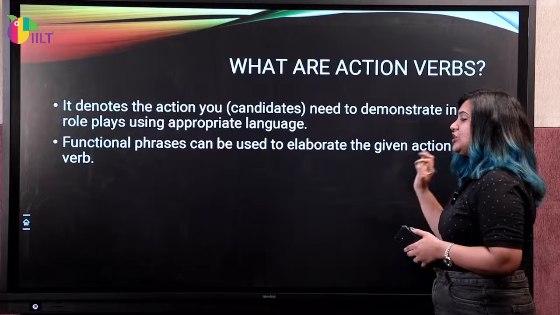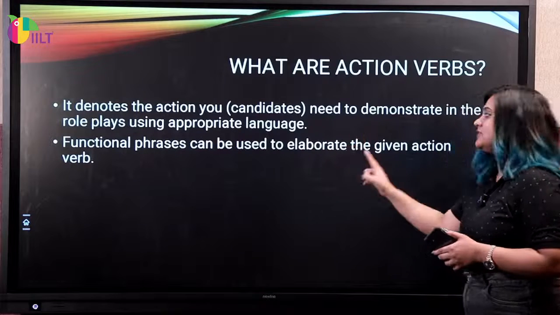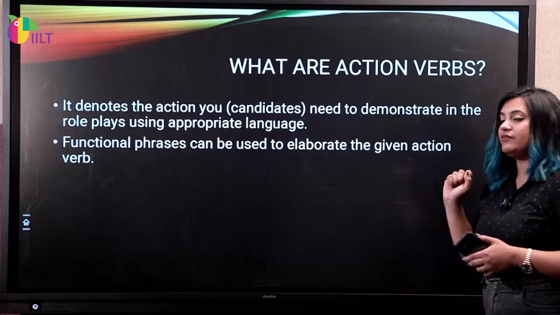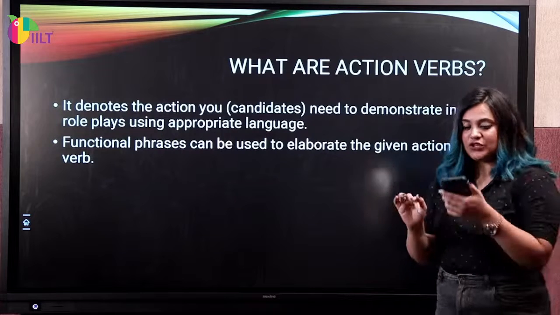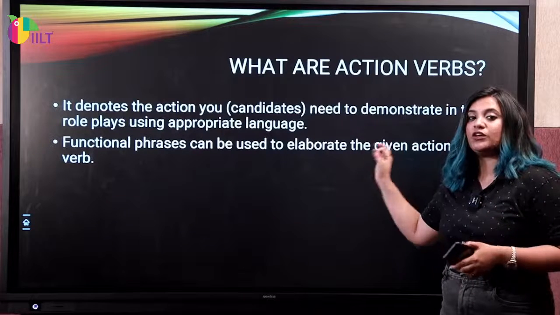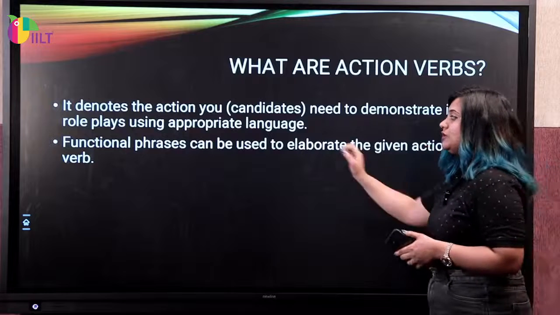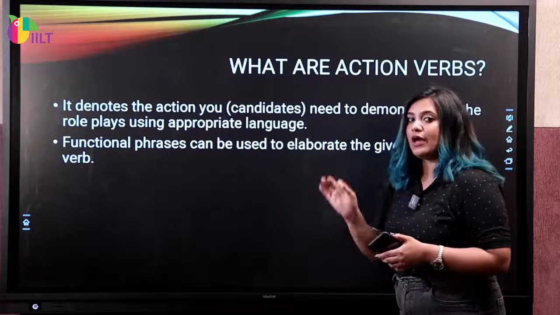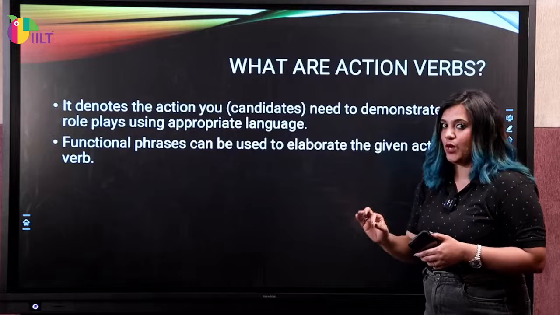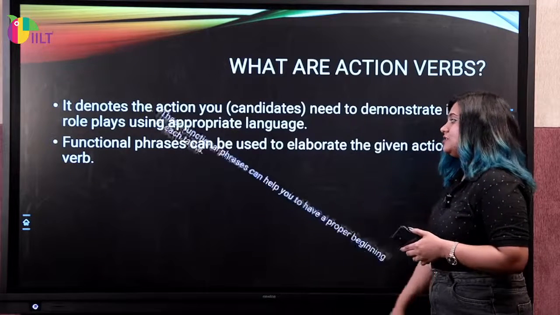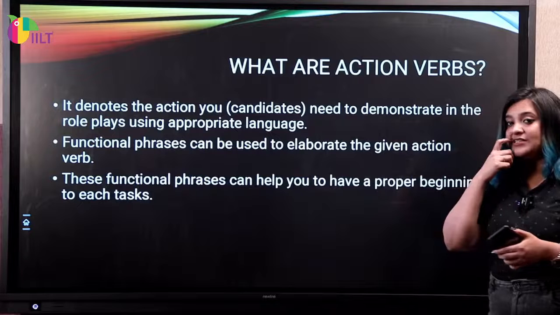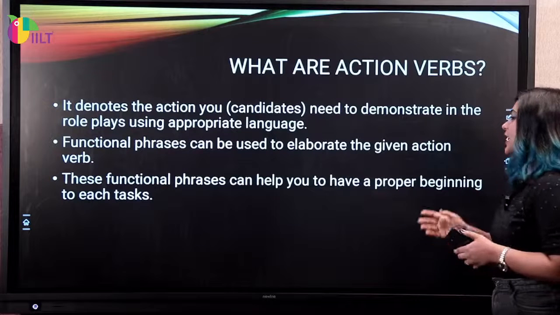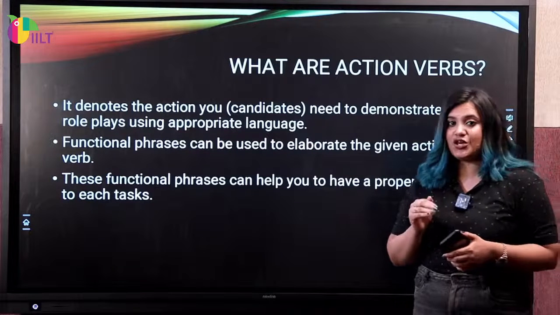You can use functional phrases to elaborate the given action verb, and in this session, this is what we are going to learn: certain functional phrases you can use in order to have a smooth conversation throughout. These functional phrases will definitely help you to have a proper beginning of each task.